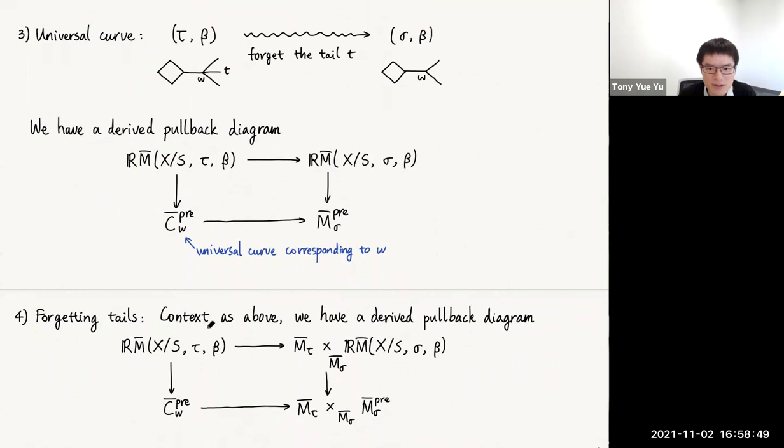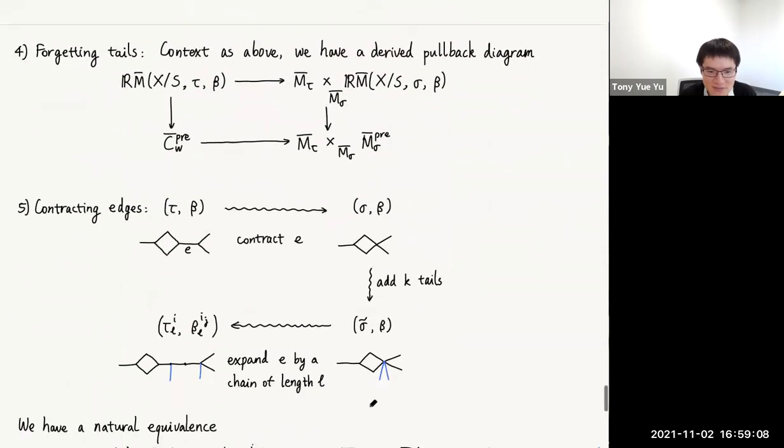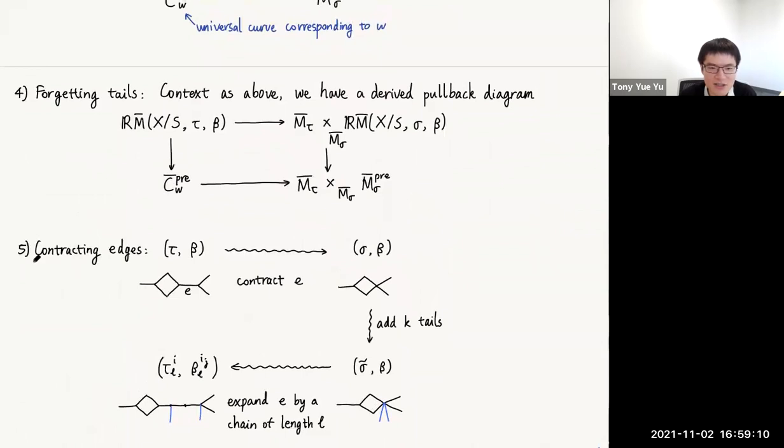When we forget the tail, it's easy to see, it's easy to believe this derived pullback. And finally, there is the relation called contracting edges.